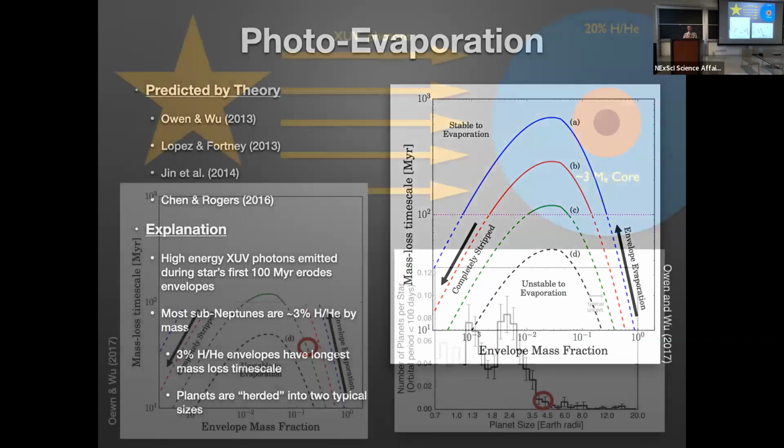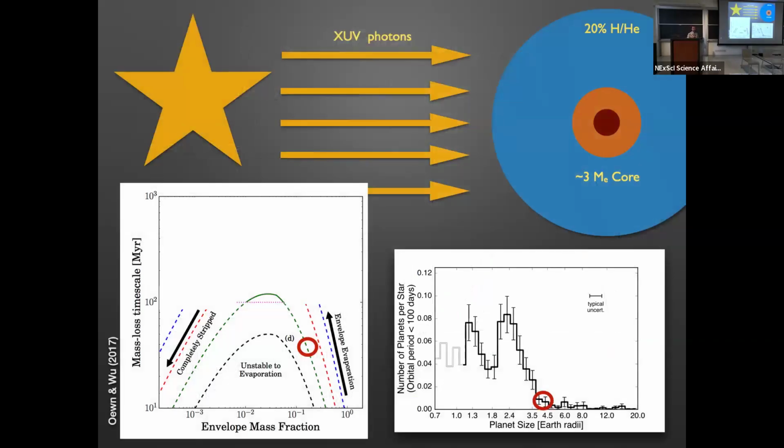All right, to understand this a little bit better, we'll go through another cartoon example of how this works. Here's a planet that did start on the right side of this mass loss timescale plot, with a large 20% hydrogen helium envelope on top of a 3 Earth mass core. Like I said, that big puffy atmosphere is going to absorb a lot of the flux from the star, and during that first 100 million years, it's going to get evaporated away.